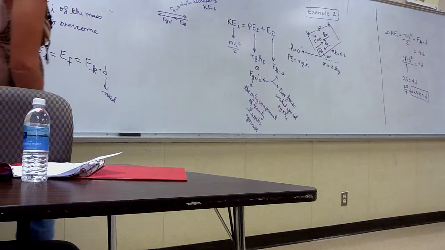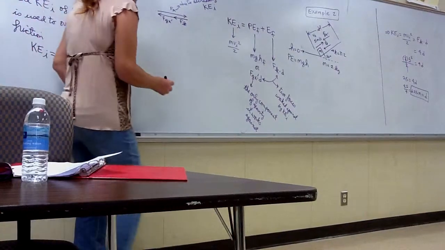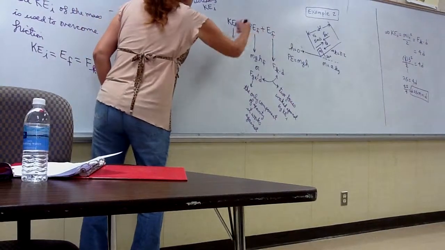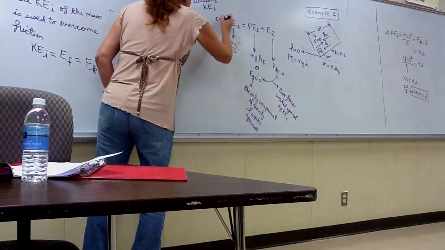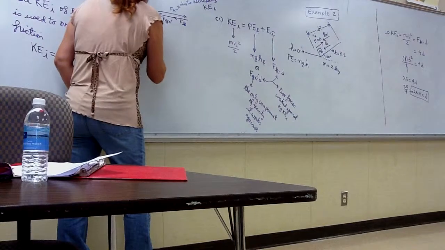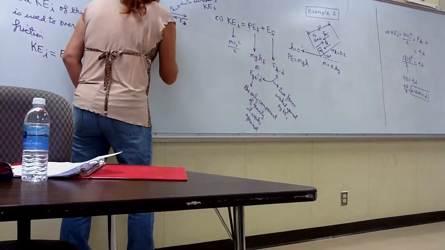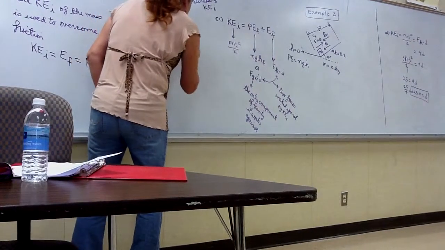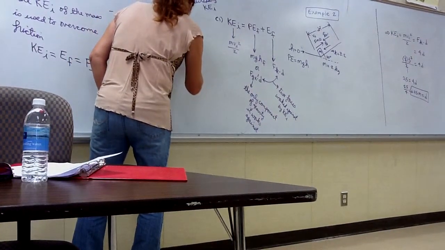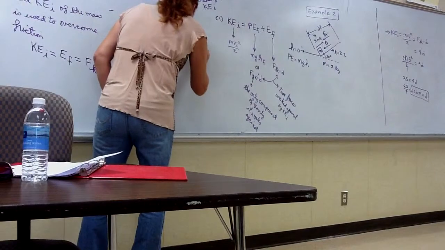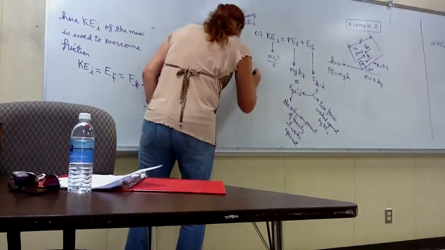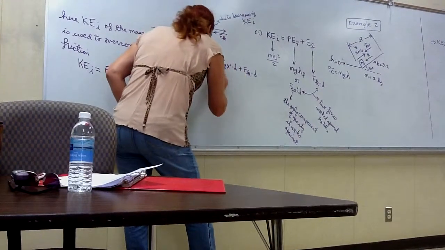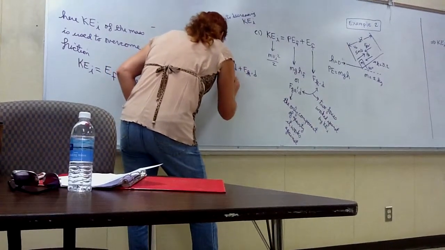Okay, so to get what we're looking for, we just need the distance. So we can use this thing over here that we set up over here. If we call that equation 1, equation 1 implies that we have m v initial squared over 2 is equal to Fg x prime times the distance plus f sub k times the distance. And since we need the distance, we can factor it out.